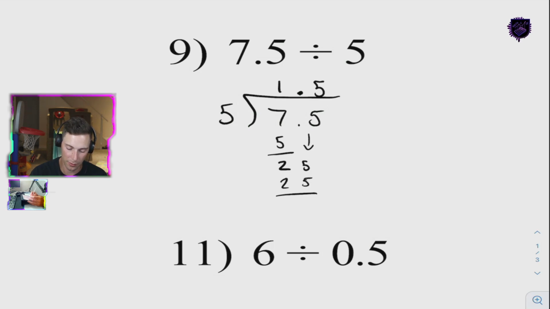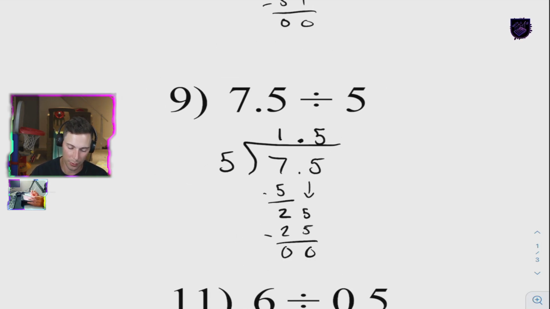The remainder is 0. So our answer, because this is why it's important putting this decimal place where we did, is holding that number, because it's not 15, it's 1.5. 5 goes into 7.5, 1.5 times, or 1 5/10 times. It's important to realize that's what we've done.